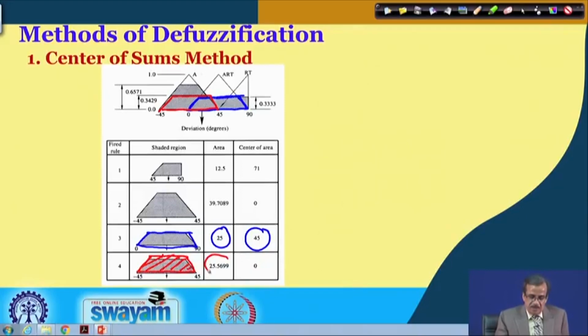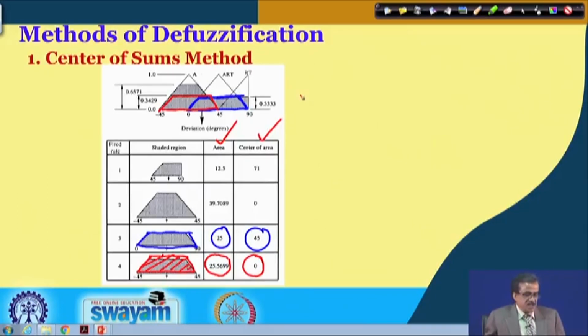The area will become equal to 25.5699 and the center of area will be 0. Now, for each of these fired rules, I am able to find out the area and the center of area.